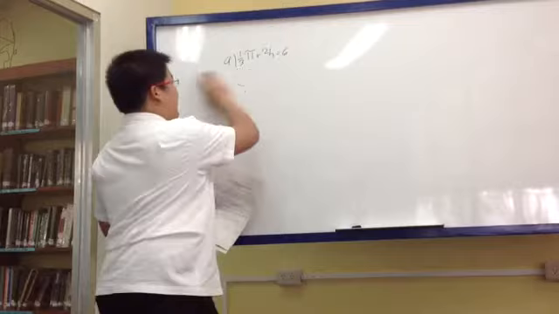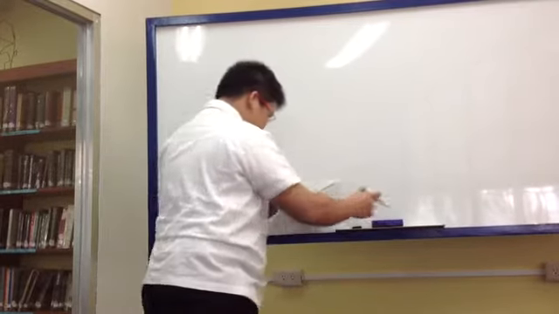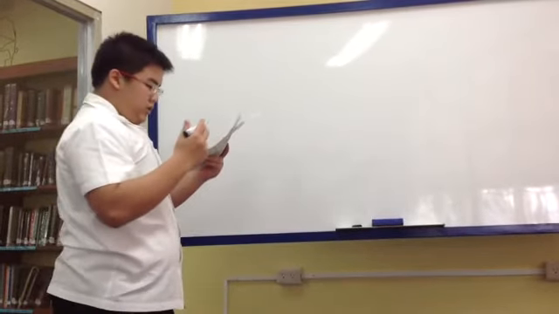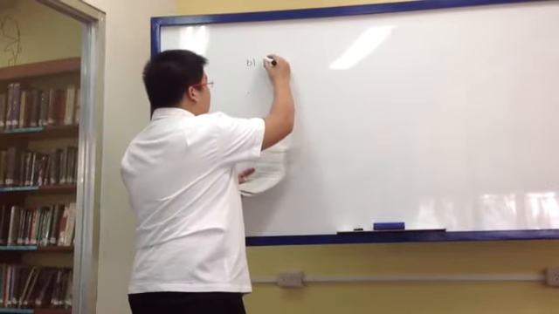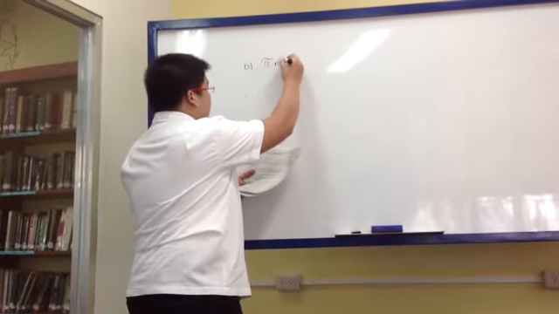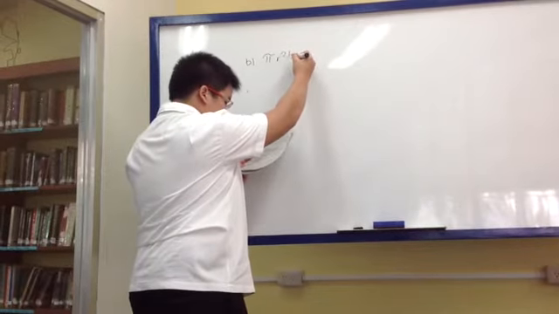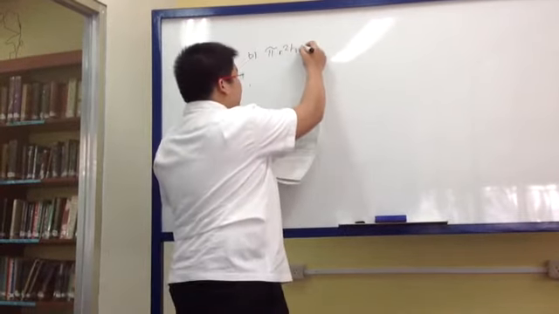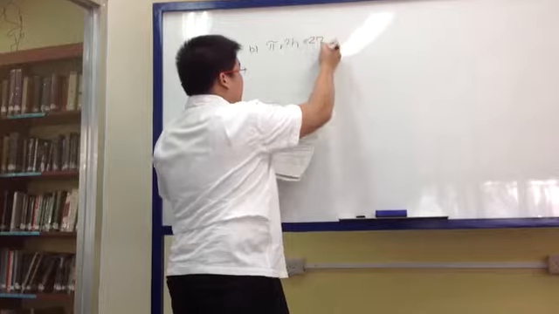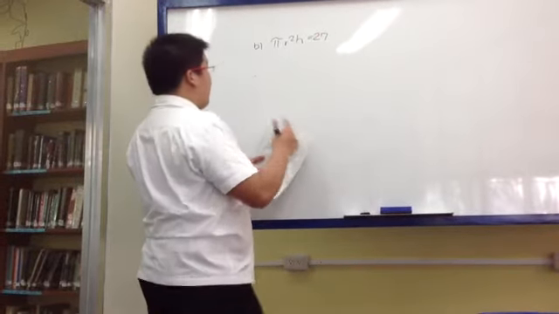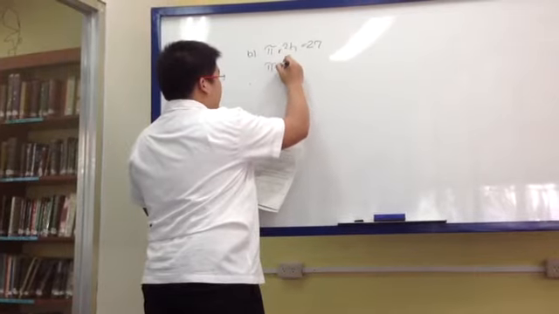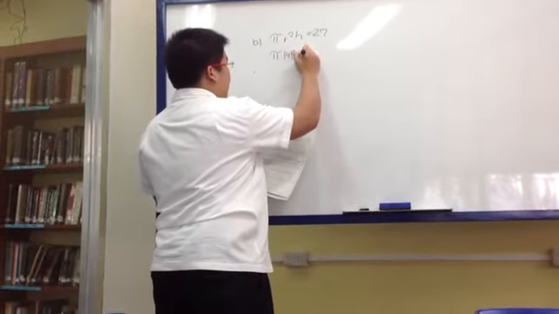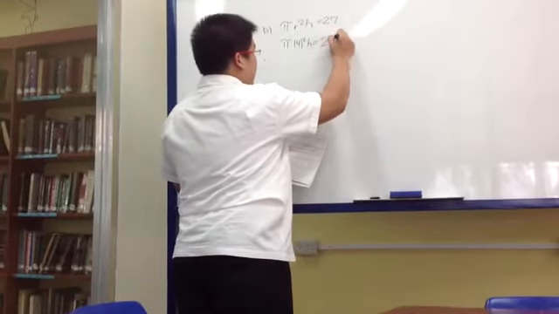The height of the cylinder. The formula for the volume of the cylinder is pi r squared times height, and it's going to be equivalent to 27. Like what we did to the cone, we substitute the values that we know. So it's pi times 4 squared times the height, equivalent to 27.